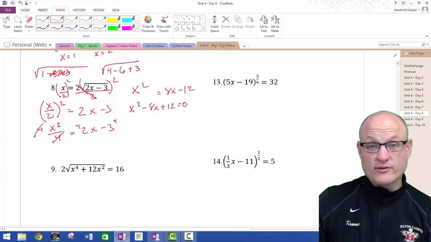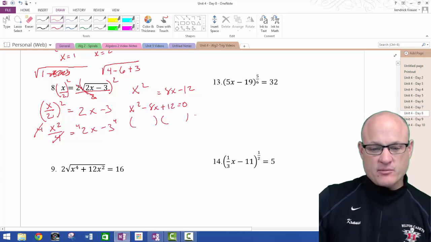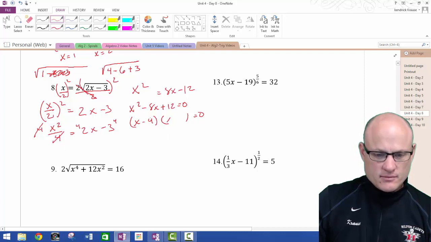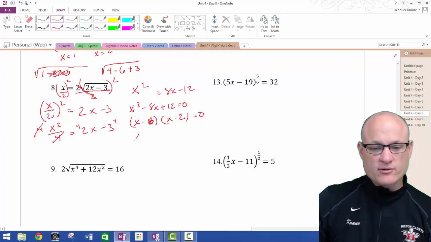I'm going to end up erasing to check this one because I'm going to run out of room here. All right, my factoring here is going to be pretty simple. It's x minus 6, x minus 2. So my two answers are x equals 6 and x equals 2.